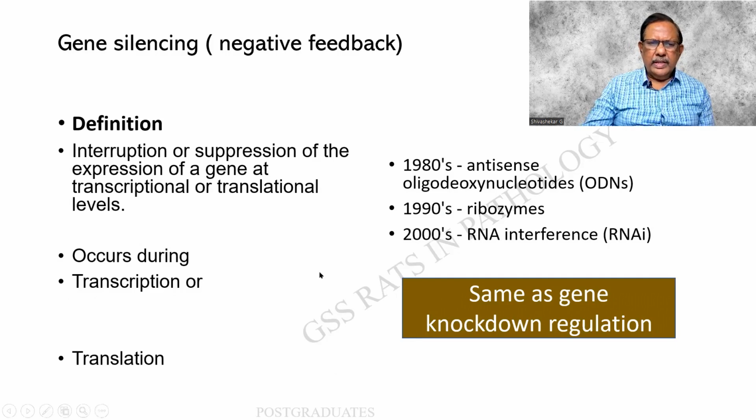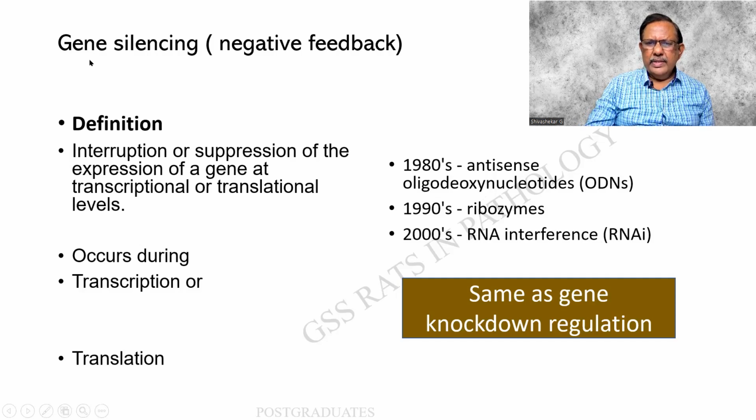This can occur at transcription or translation. And this is a brief history on this. 1980s, antisense oligodeoxynucleotides were found. 1990s, ribozymes. And 2000s, RNA interference. That is why the small i.